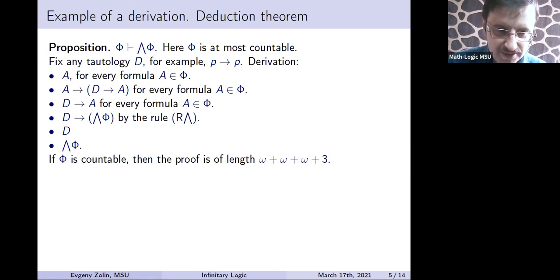Can we write a shorter proof? Of course, the proof will be infinite. It will have countably many formulas, but the formulas will be reordered so that the ordinal will be smaller. Can we do this?